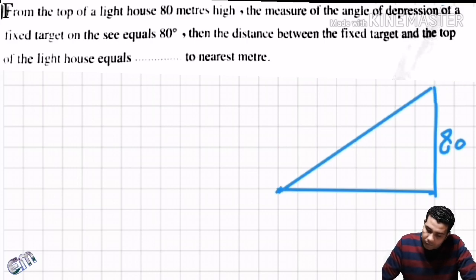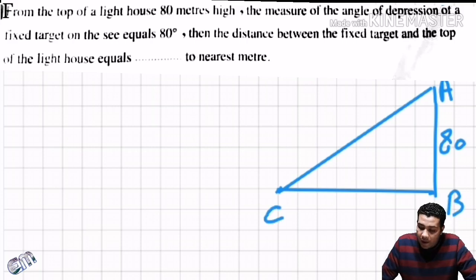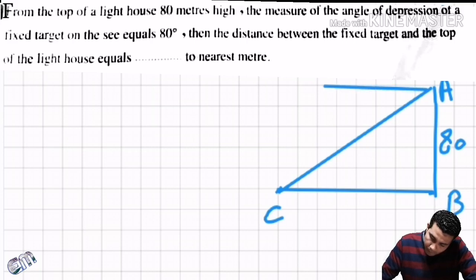The first point A, the bottom of the lighthouse B, and the fixed target equals C. Now the angle of depression equals 80. Then we draw the line segment, and this angle represents the angle of depression.